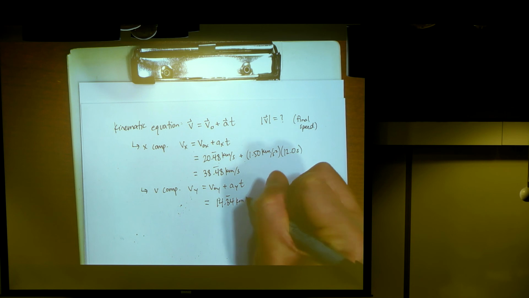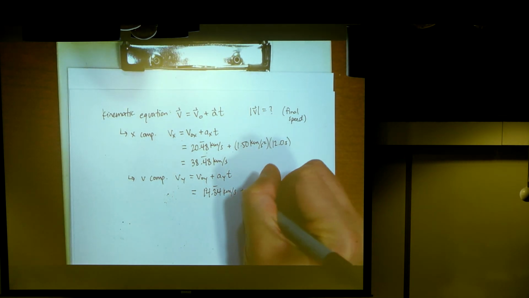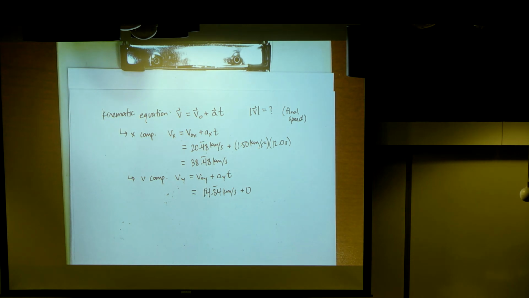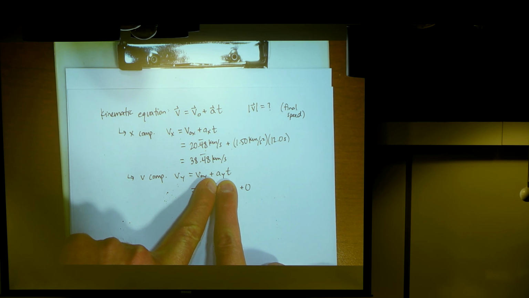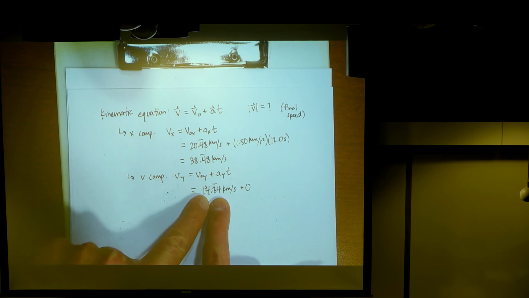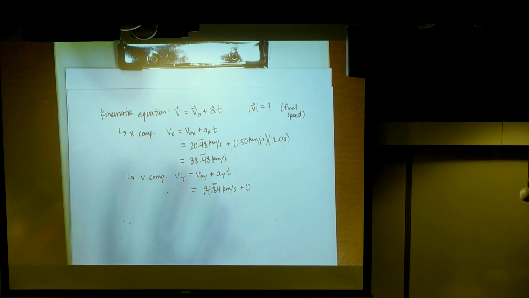Kilometers per second. And what's AY? That's the one that's equal to 0. So what this is telling us is because we have no acceleration in the y direction, our velocity in the y direction doesn't change at all. That makes sense, right? There's only acceleration in the x direction, so that velocity is changing, but not this one.